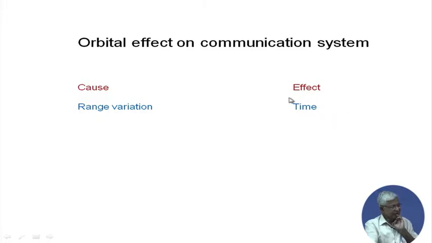It is important in the communication system when we talk about multiple access, particularly time division multiple access, where many people are trying to access the satellite resource, and so that they should not interfere with each other, each is allotted different times, and that means their signal should reach the satellite at the allotted time.